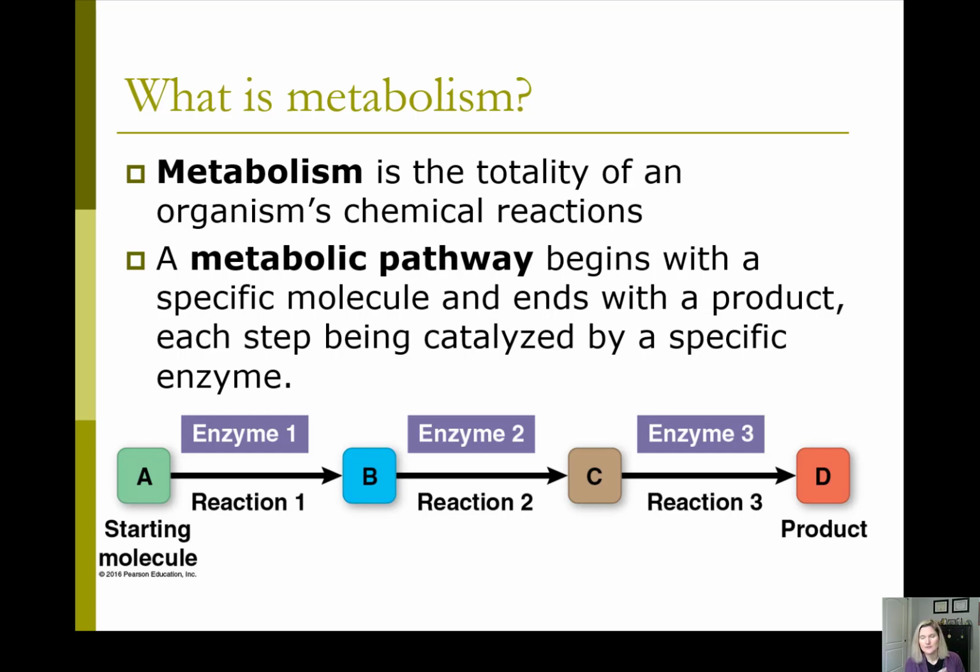We start with some starting molecule and it might undergo a reaction to create a different type of molecule, that then goes under another reaction that creates another molecule, and then finally a reaction takes place until we end up with that final product. That's called a metabolic pathway, where we have multiple reactions taking place in order for us to get the final product. What's interesting is that each one of those reactions is catalyzed by its very own enzyme. So enzymes are very specific in terms of what reactions will take place in their presence.